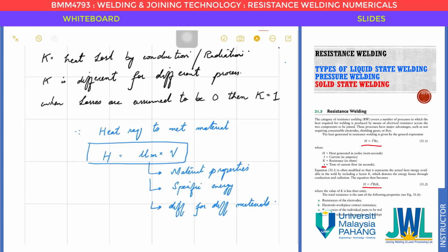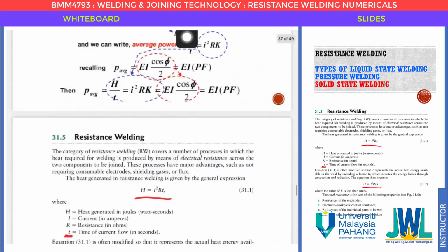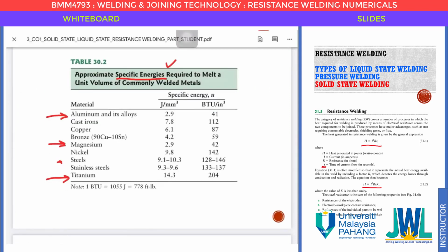If you open the resistance welding lecture and go down, you will see table number 13.2, where the specific energy, mu m, is given for different materials. So it takes different amounts of energy to melt different materials. This table says that for a unit volume, 1 millimeter cube, this is the amount of energy required to melt the material.